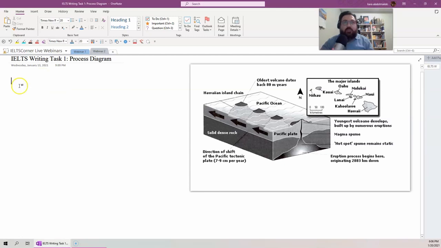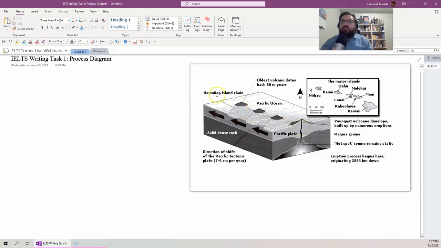As you can see, there's a little map up here of the different islands, major islands in the Hawaiian island chain. So from Hawaii to Maui and then to the lesser known ones. And then here there's more like a cross section of the ocean bed and the ocean, and it shows the islands.